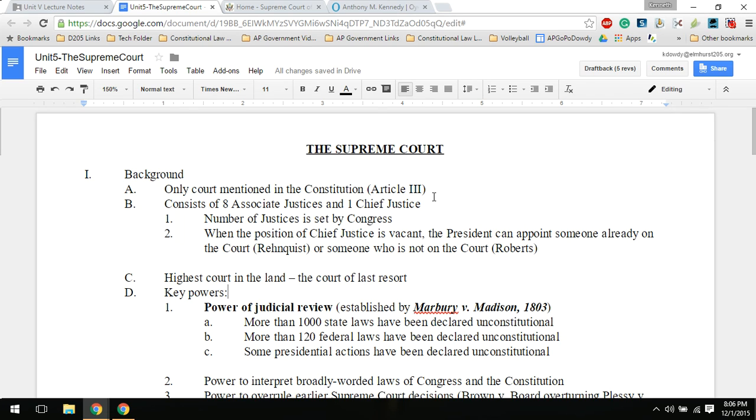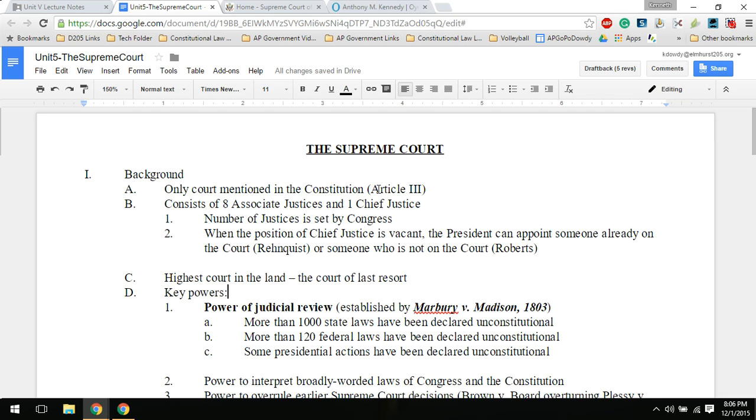You can have beliefs that are not very popular, but they're protected. In other countries, that's not the case. But the Supreme Court ultimately determines and interprets whether or not the government has violated your rights, whether or not you have protections in the Constitution, even if they are not popular beliefs or practices that you have.